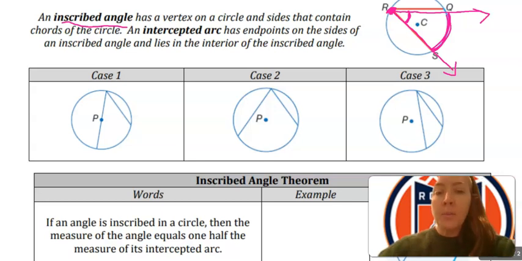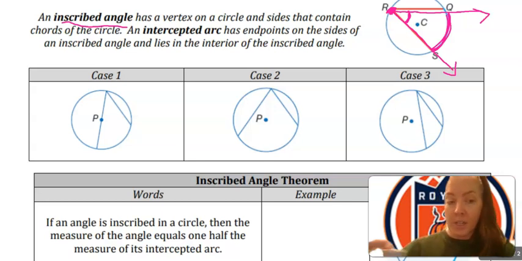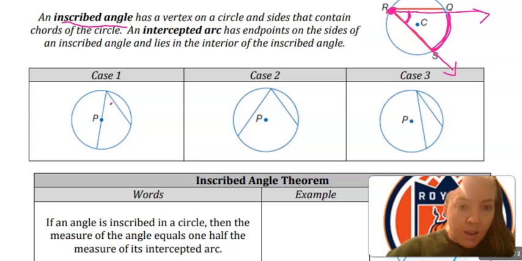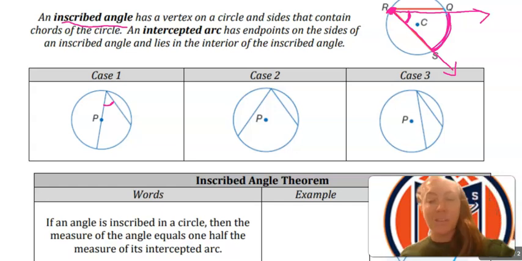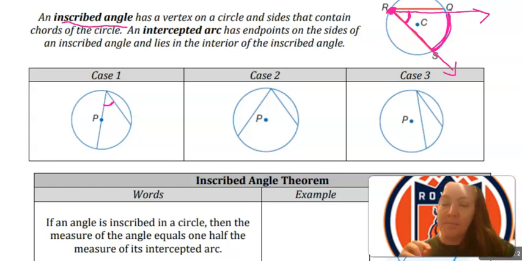All right, there are 3 different ways that these inscribed angles can be drawn, so I want to just show you. The first way is if one of the sides of the angle actually goes through the center, which would make this a diameter. That has some special numerical relationships because remember, a diameter cuts your circle in half, so that could be useful later on.